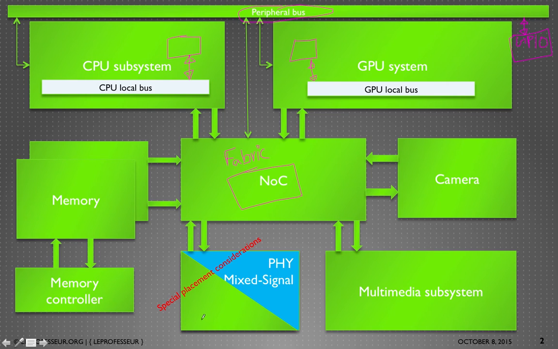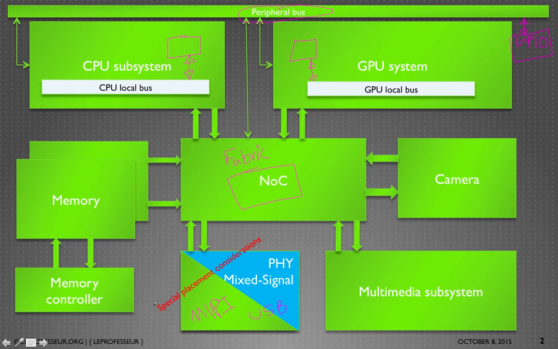PHYs, for example MIPI PHY. These are complex interfaces, not just like IOs. Say USB, which provides the facility to connect with the external world, physical layer and interfaces, in other words. And these have a very significant portion of digital and analog, right?